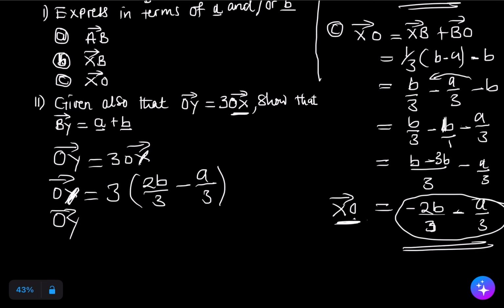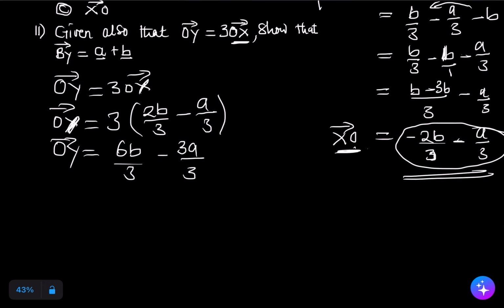So OY will be equal to 3 times 2b, which is 6b over 3, and then 3 times the negative a gives negative 3a over 3. Here we divide and reduce these values.